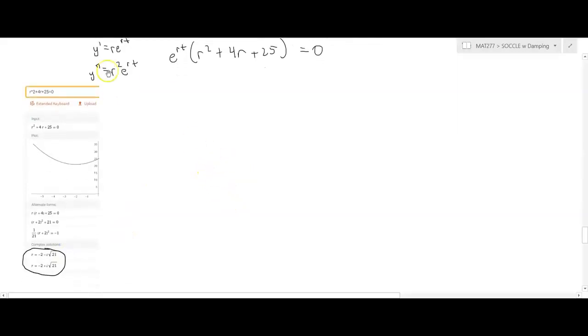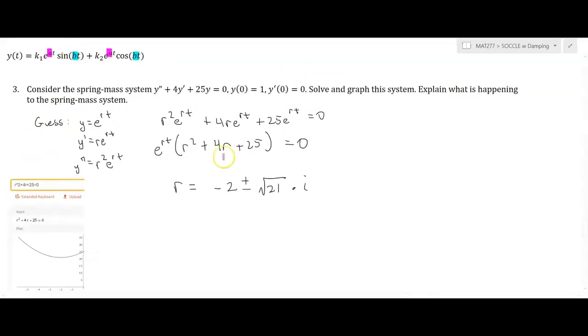All right, so our value of r is -2 plus or minus the square root of 21 times i. So we want to identify our a and our b. Here our a is -2. Our b is square root of 21. Notice that b is always going to be the unsigned value, so there's always going to be a plus or minus here, but you're just taking the positive square root of 21.